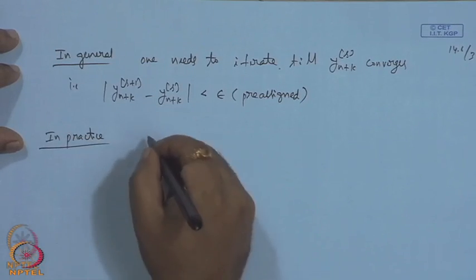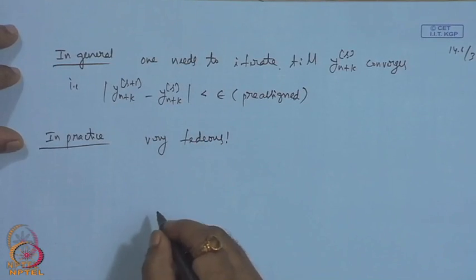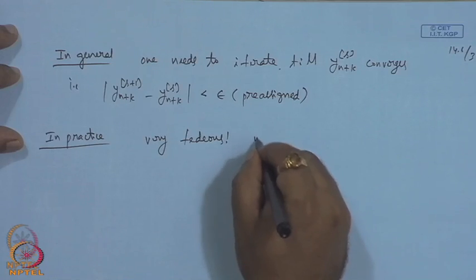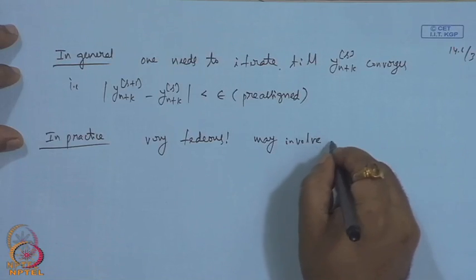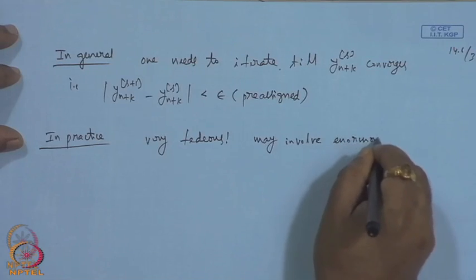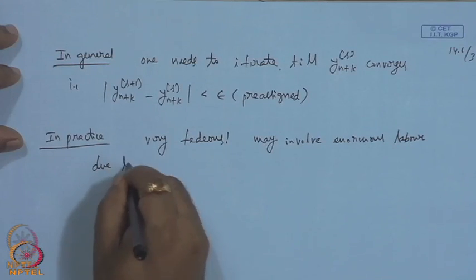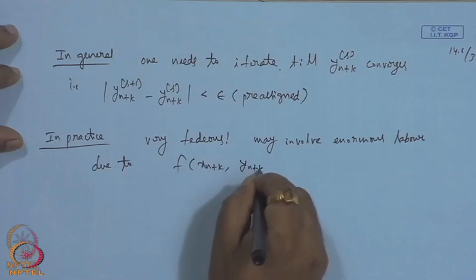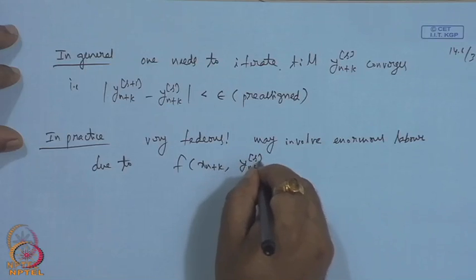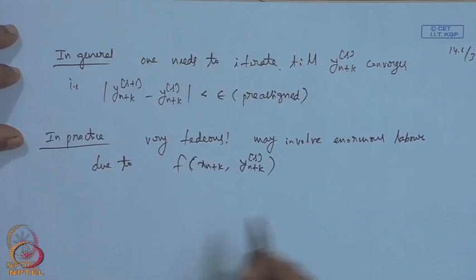This is in general, but in practice it is very tedious, and may involve enormous labor due to f of x n plus k. If this is the case, what should one do?